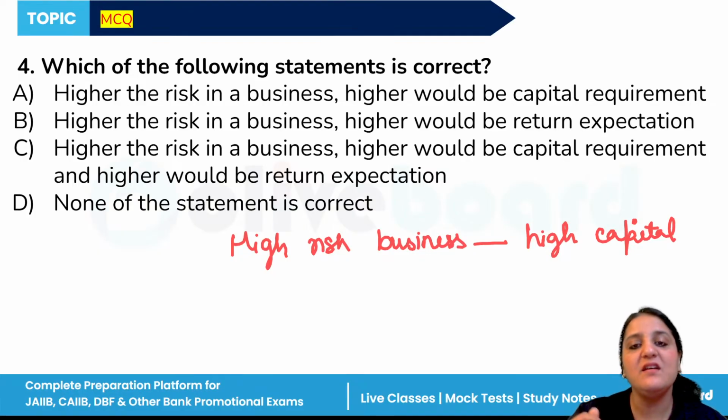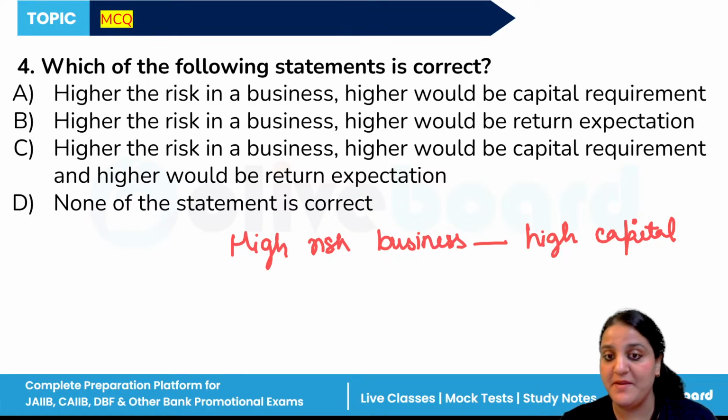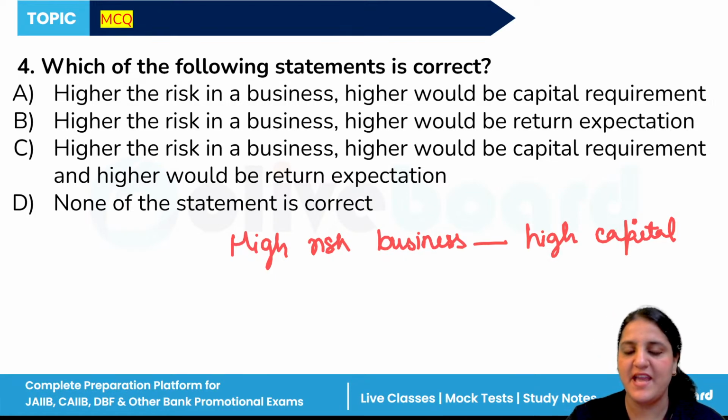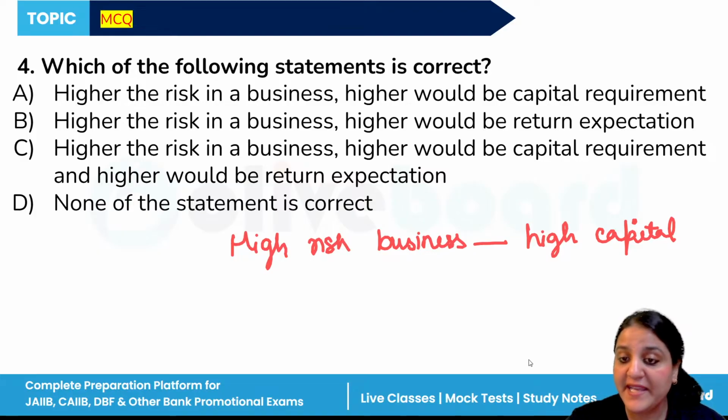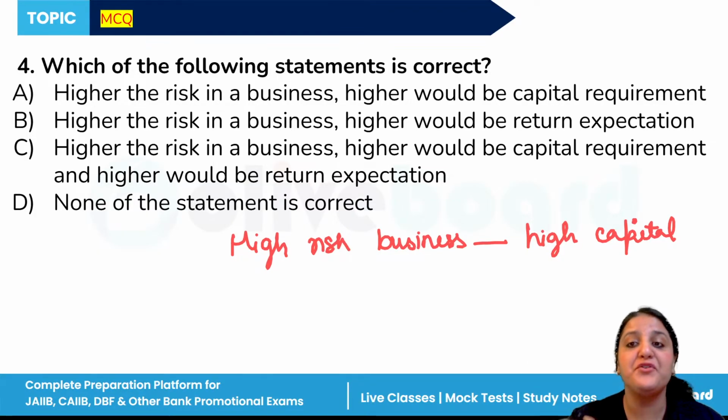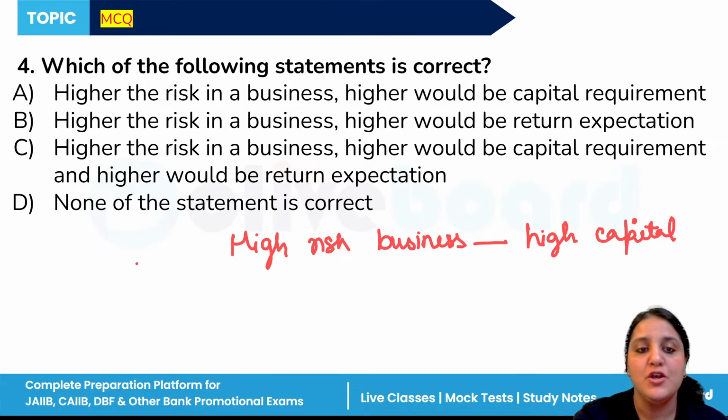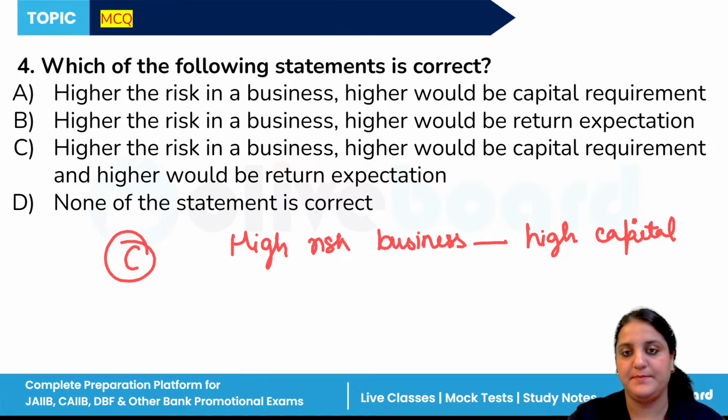But a stable manufacturing firm, which generally has low risk, requires only 1 crore capital and offers 8% returns. So the higher the risk in business, the higher the capital requirement and the higher the return expectations. So option C is correct.